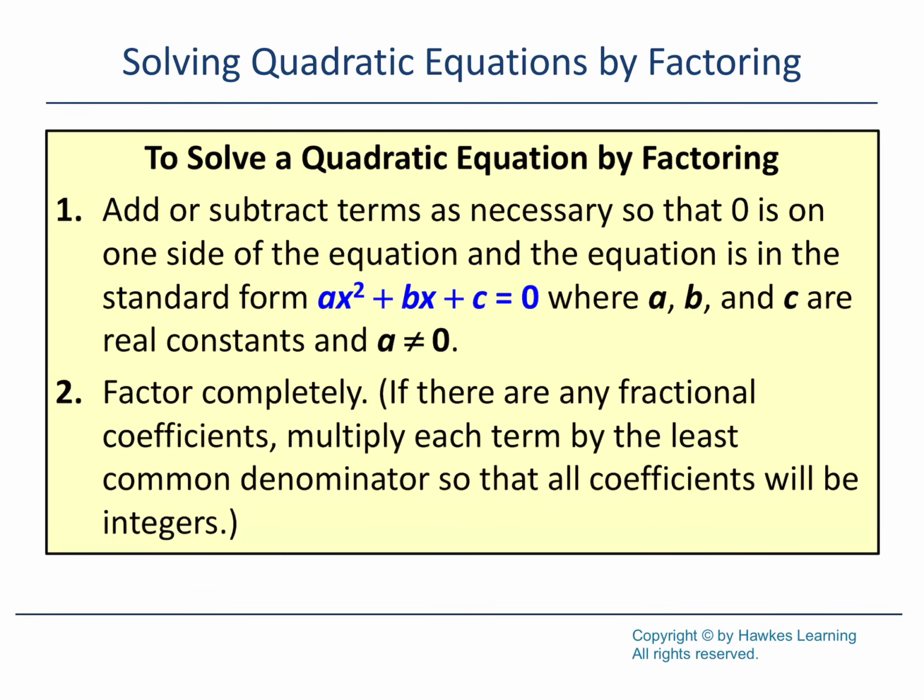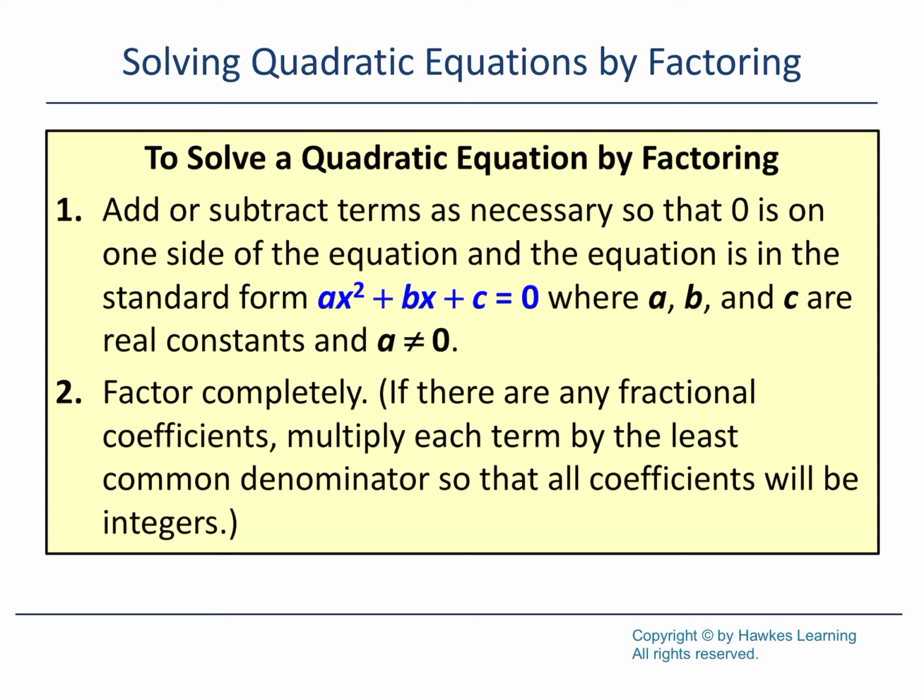So just to kind of recap, remember that if you see that it's a quadratic, we will have to do it by factoring. So you have to get everything on one side and make sure it's equal to 0, right? And then you're going to factor completely. And you want to factor it all the way as much as you can.